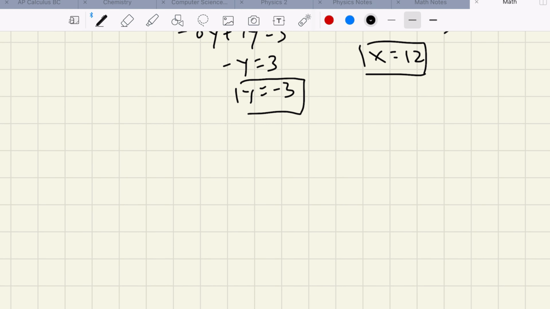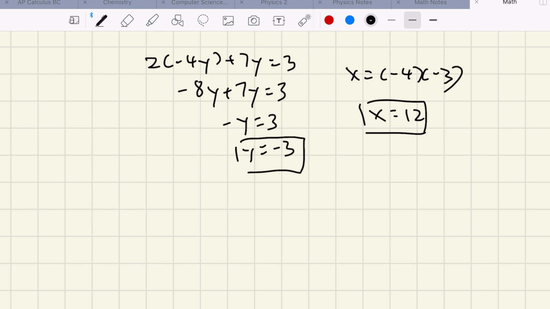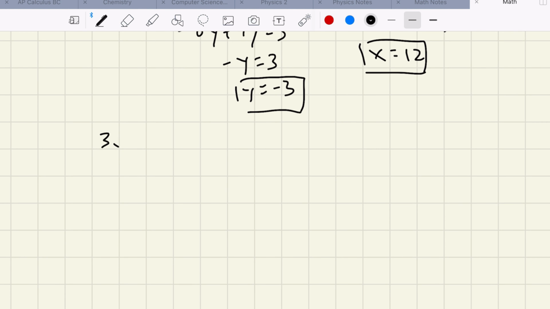Let's do two more examples with this substitution method. 15x plus 31y equals negative 3, and x equals negative y plus 3. Now this x equation is written in a rather convenient form, and we already know that x equals negative y plus 3.